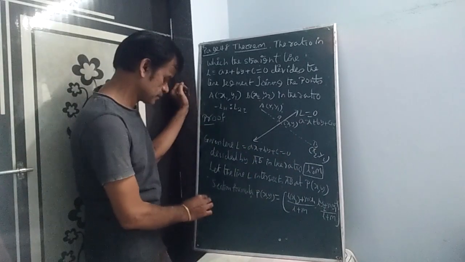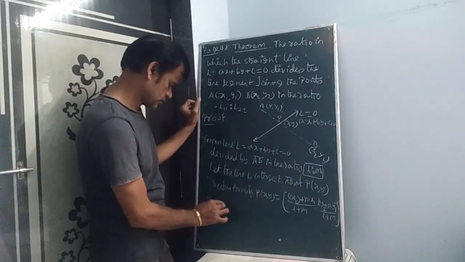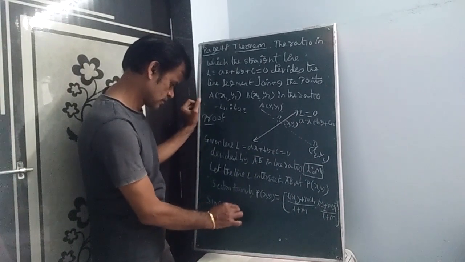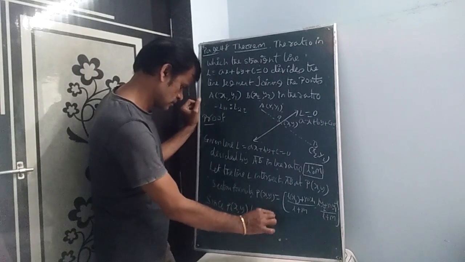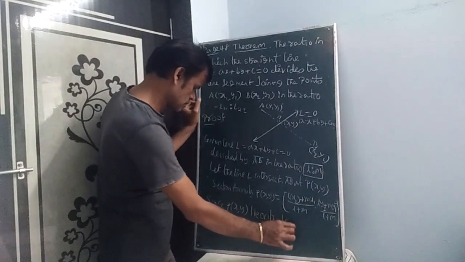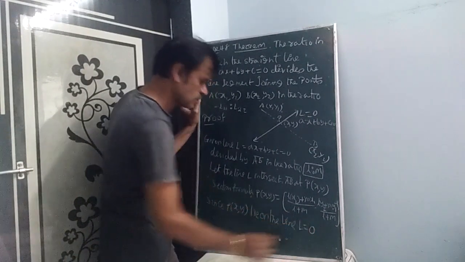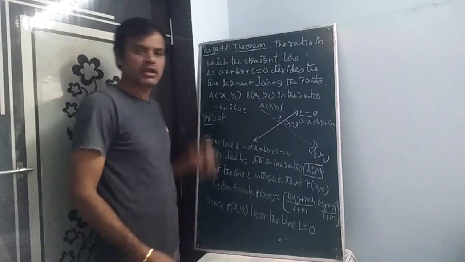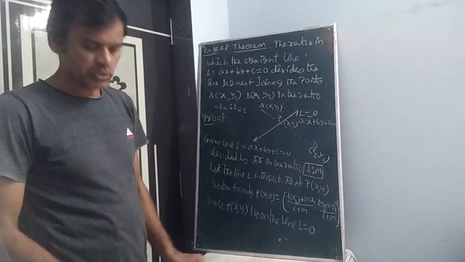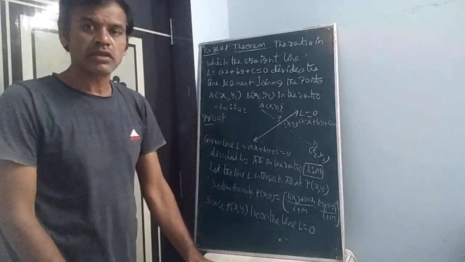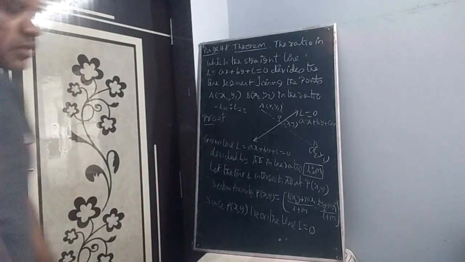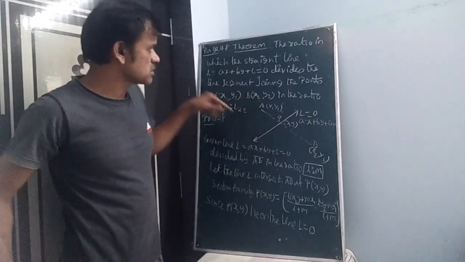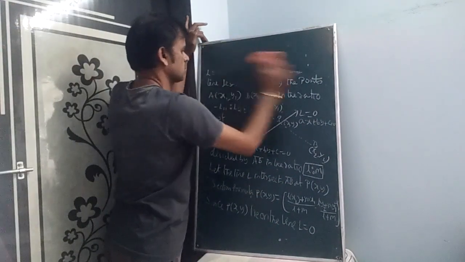Since P (x, y) lies on the line L equal to 0, this point is on the line, then we can substitute the value x, y. We can substitute the value on this line. Substitute here.